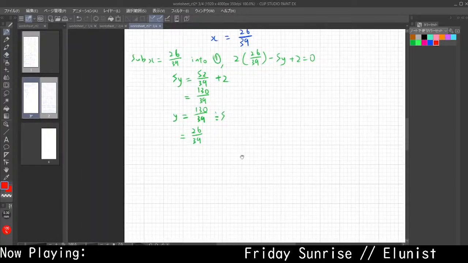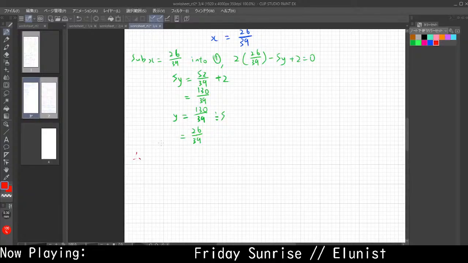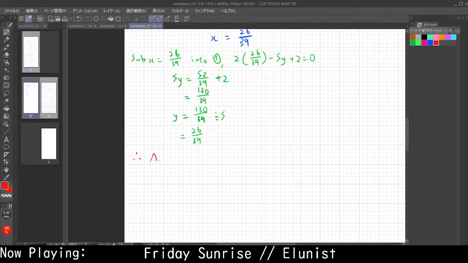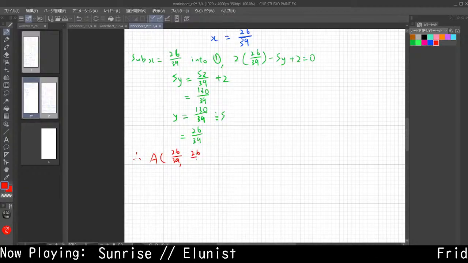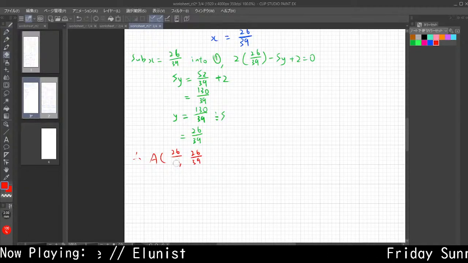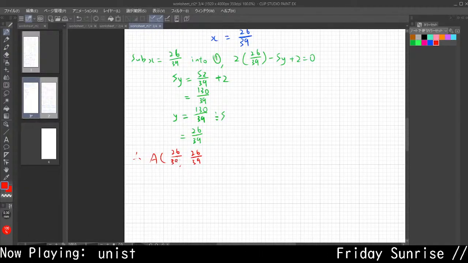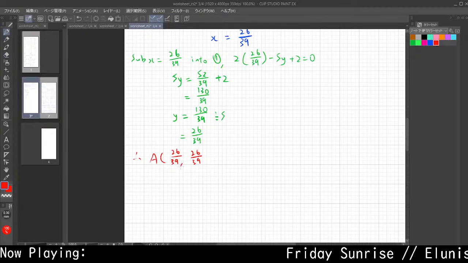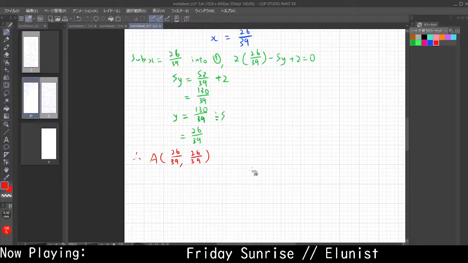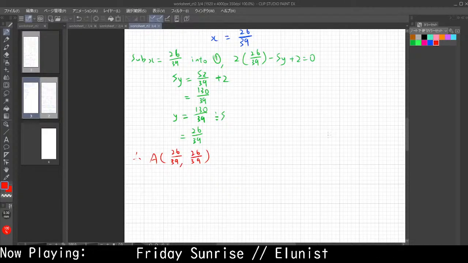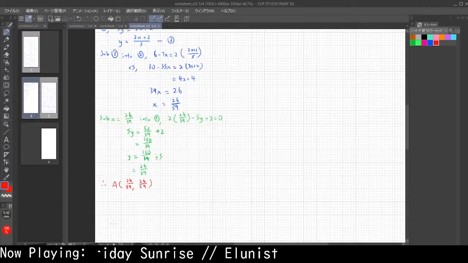So double check if there's no issue. Therefore, the coordinate of A is equal to 26 over 39, comma 26 over 39. Wait, look, is this actually a coincidence or what? I definitely did not plan this. So, is this a coincidence?